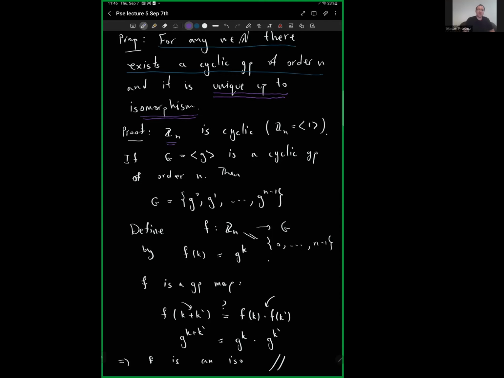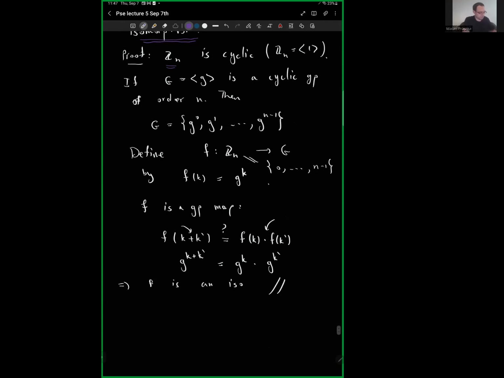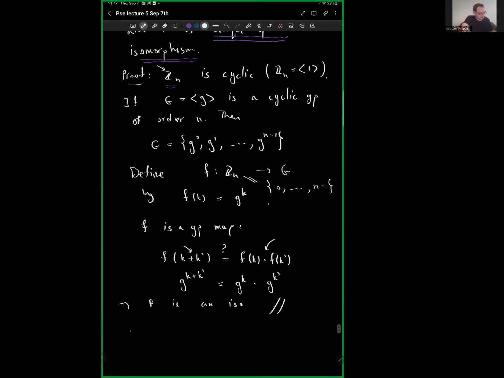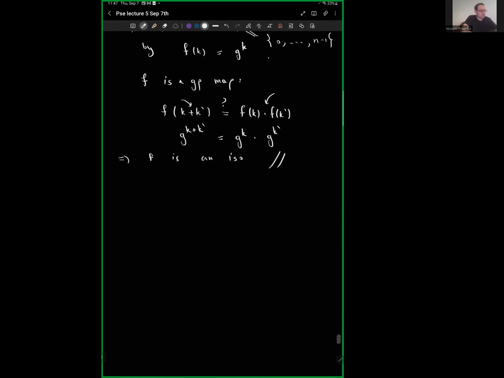Okay, so we said that a cyclic group can be generated by more than one element. And the question we want to ask ourselves now is, how many possible generators are in integers modulo n? And this is the next proposition.